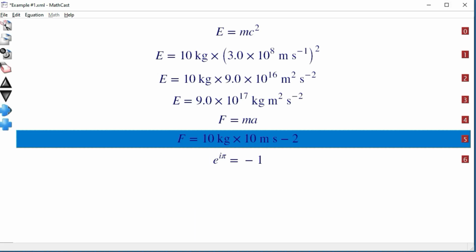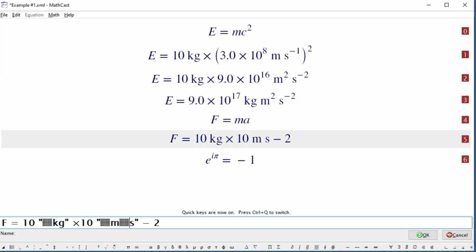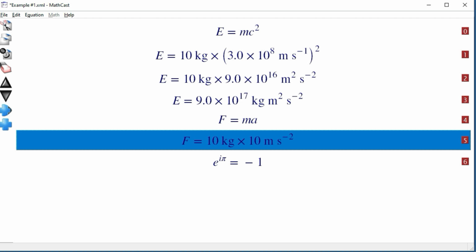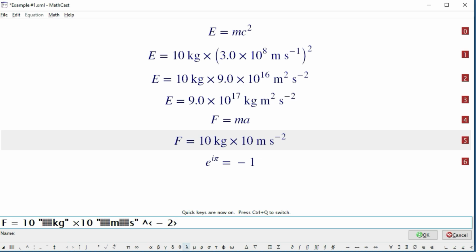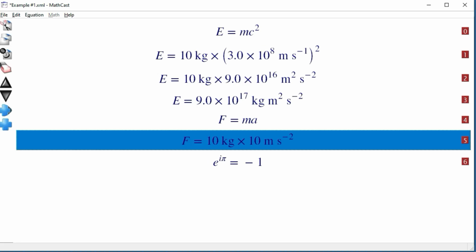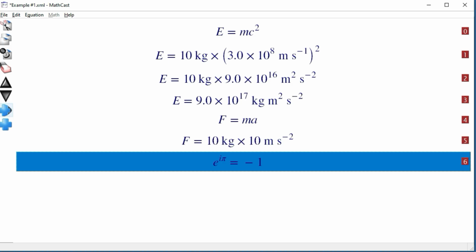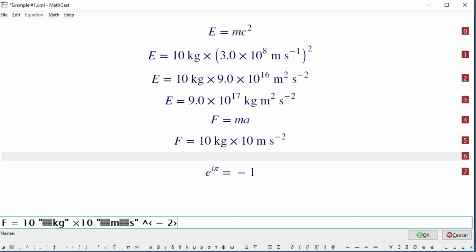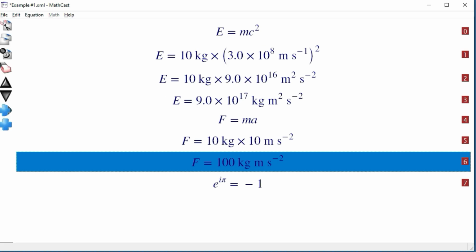And then of course we need to make sure that the per second squared is actually a power. So, and it's more than one, so I put a left bracket and a right bracket. Happy days. 10 kilogram times 10 meters per second squared, which then becomes, if I then select all that, Control C, and then line down, insert, Control, then I have 100 kilogram meters per second squared.